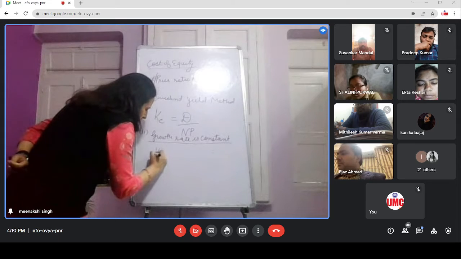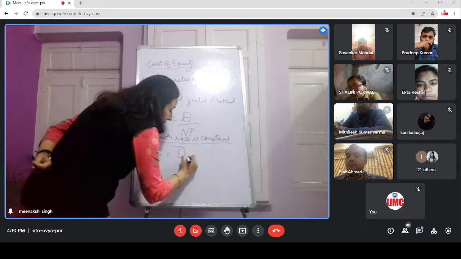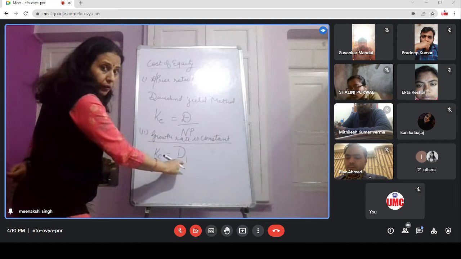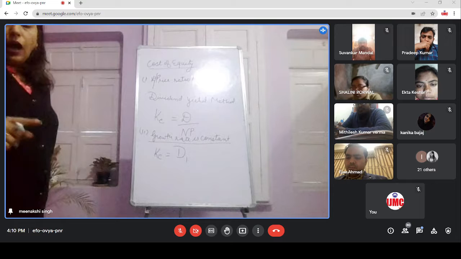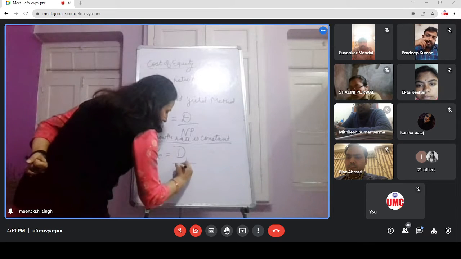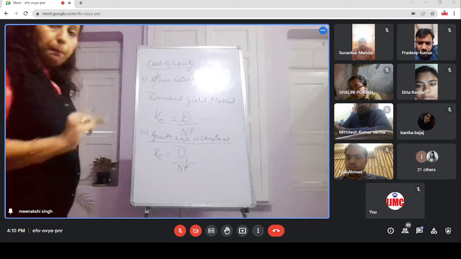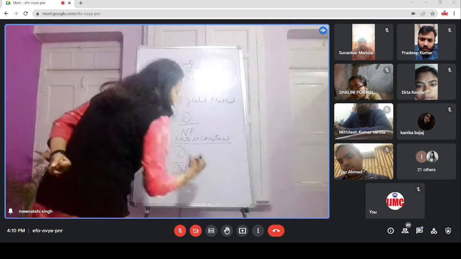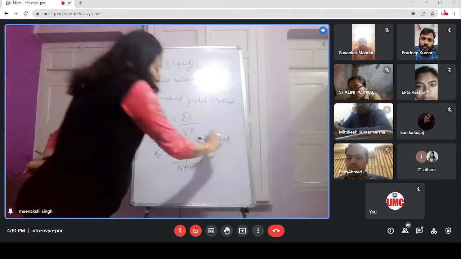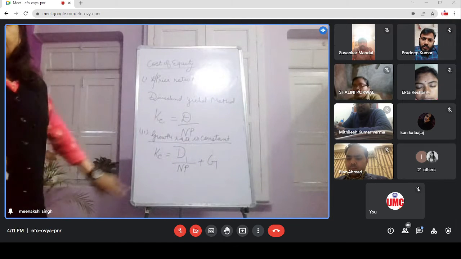Then the cost of equity will be D1 divided by net proceeds, which was there in the older formula also, but I will make an addition to it. That addition is the growth rate, which I have assumed to be constant. This will be the formula. I'm not using the term D, I'm using the term D1, the latest dividend after addition.